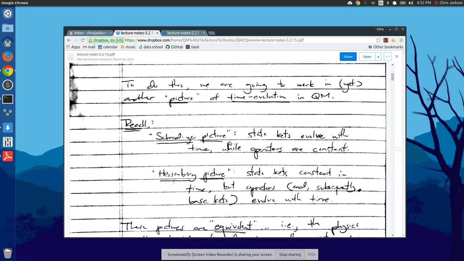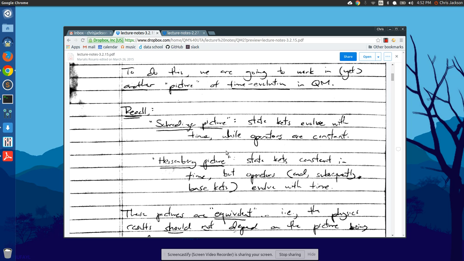Just to remind you, last semester we saw two different pictures. We talked about the Schrodinger picture, in which your states or your wave functions evolve with time, but operators are assumed to be time independent, or constant in time. But then we saw that in some cases it's more advantageous or easier to work in what's called the Heisenberg picture.